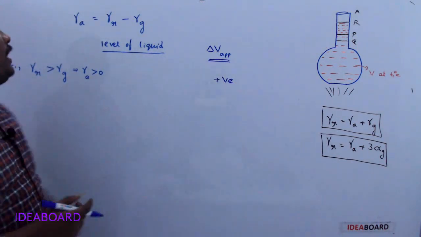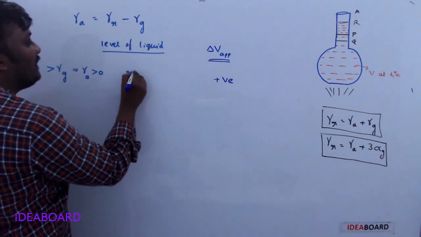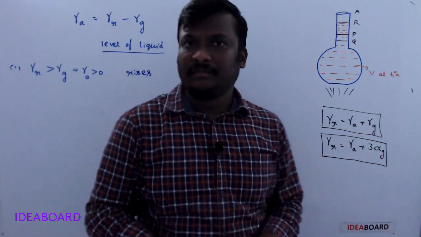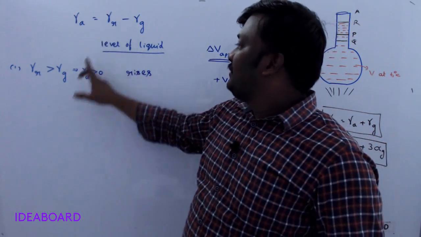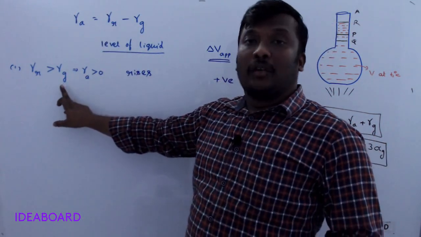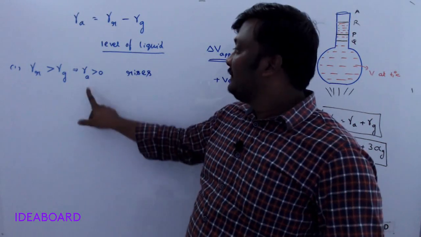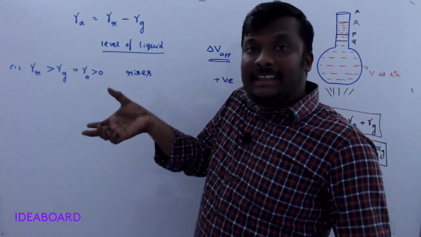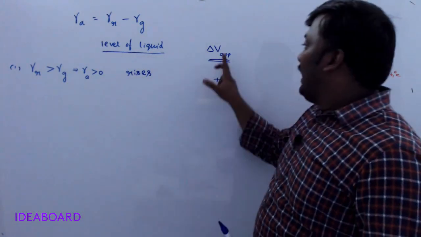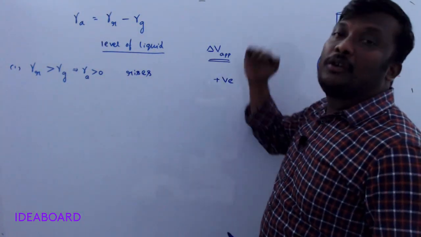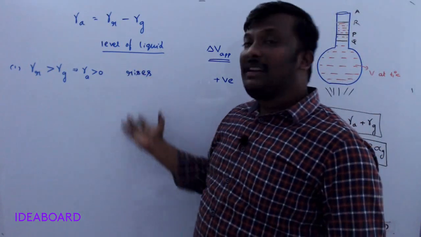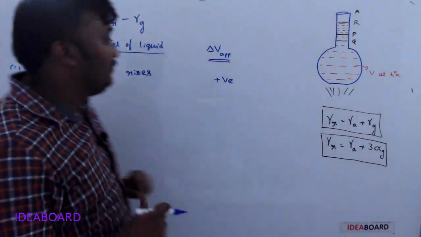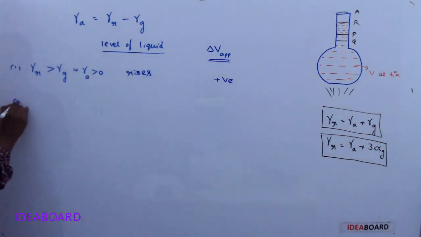If it is positive, the level of liquid rises. Understand? Real expansion is more than the cubical expansion of glass, gamma A is positive, which means the apparent increase in volume is positive, the numerator is positive. No doubt the level of liquid rises. Clear?